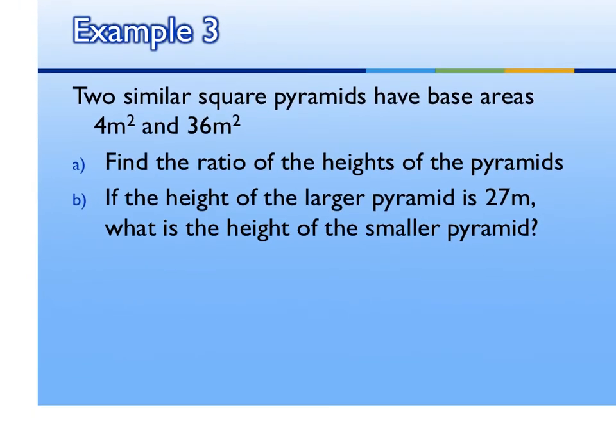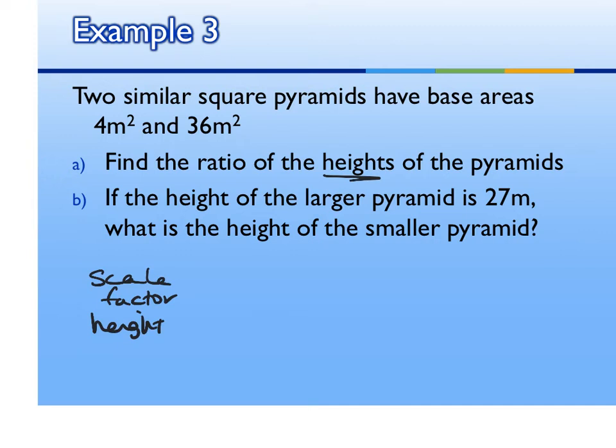It says we have 2 similar square pyramids that have base areas of 4 meters squared and 36 meters squared. So again, remember your scale factor is this, which is also going to be the height ratio.